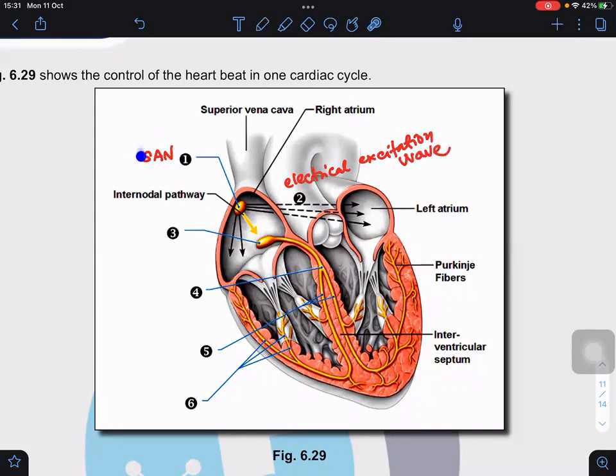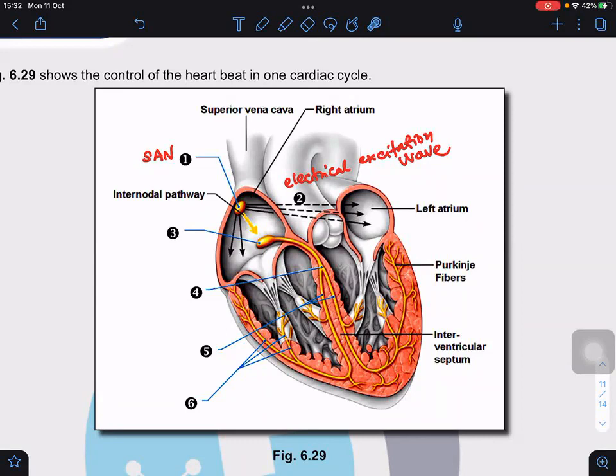When the SAN contracts, it sends out this electrical excitation wave. So this electrical excitation wave passes to who? First it is picked up by the right atrium, then continues to the left atrium. Right atrium first, followed by left atrium. Will they contract simultaneously? The answer is almost simultaneously.